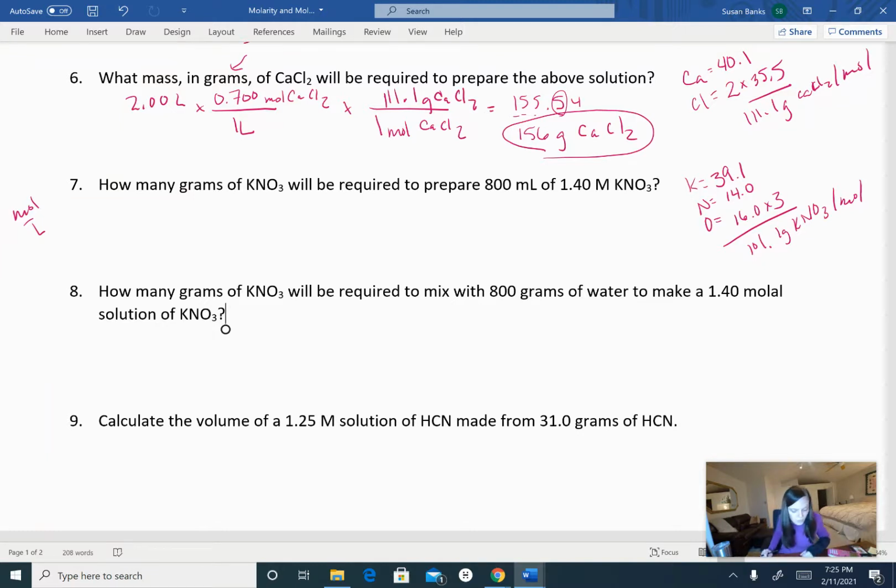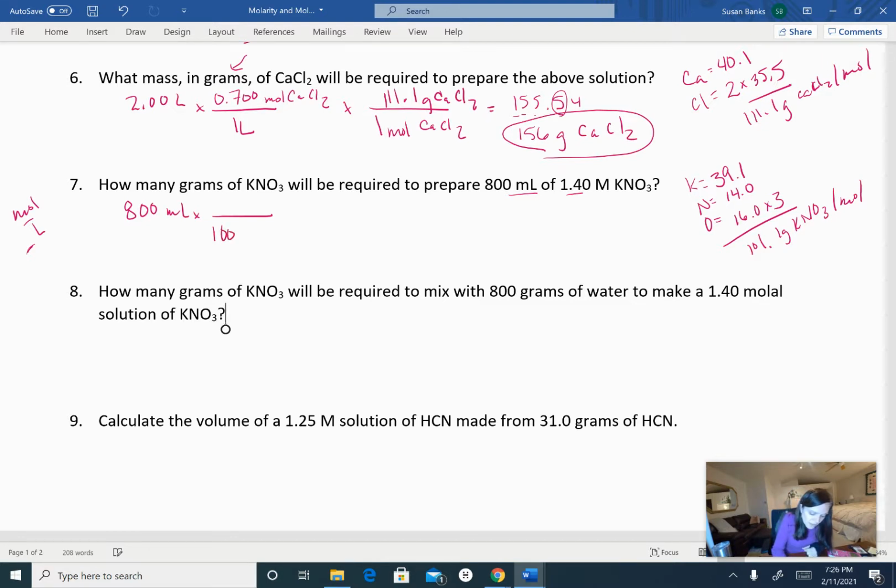So let's start. I want to make 800 milliliters. I'm going to start with my volume, and I'm going to use this concentration to get out of volume and into grams. Okay, so 800 milliliters. The problem is I have my volume over here in liters, so I need to convert my milliliters to liters.